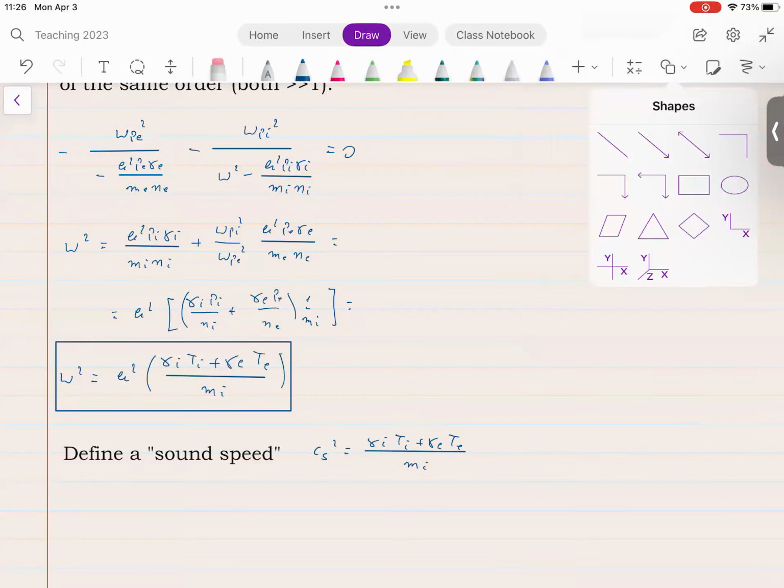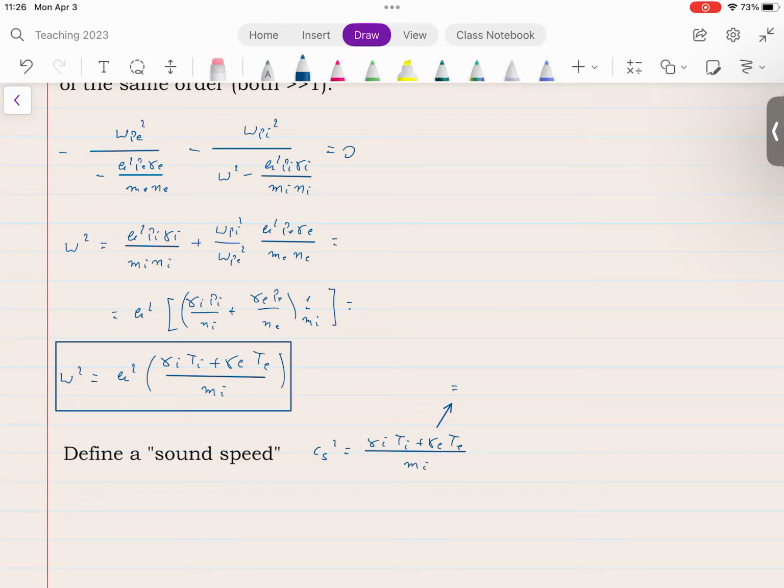Where here I can make again the assumption this is equal to 1.